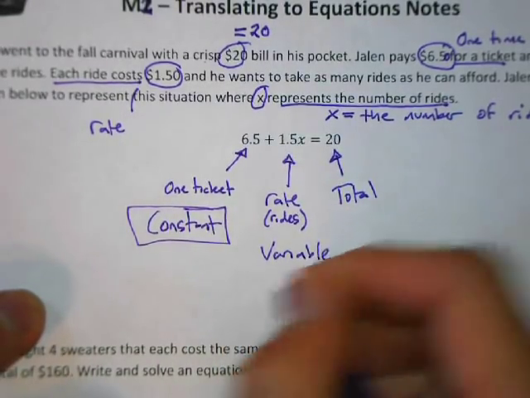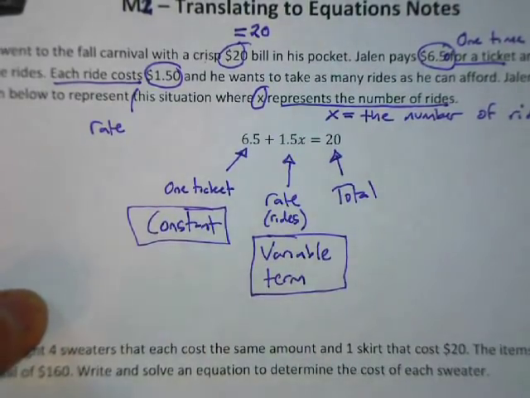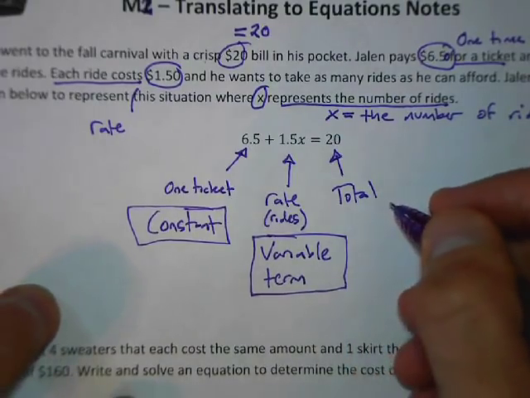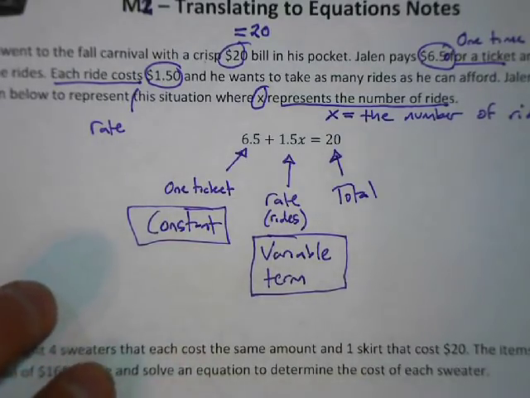Which term is it that I'm multiplying by a variable? 1.5x is the variable term because we're multiplying 1.5 by every ticket we buy. And then finally, we're thinking about what's everything going to be equal to, or maybe if it's an inequality, what's on the other side? What's the total? Okay.